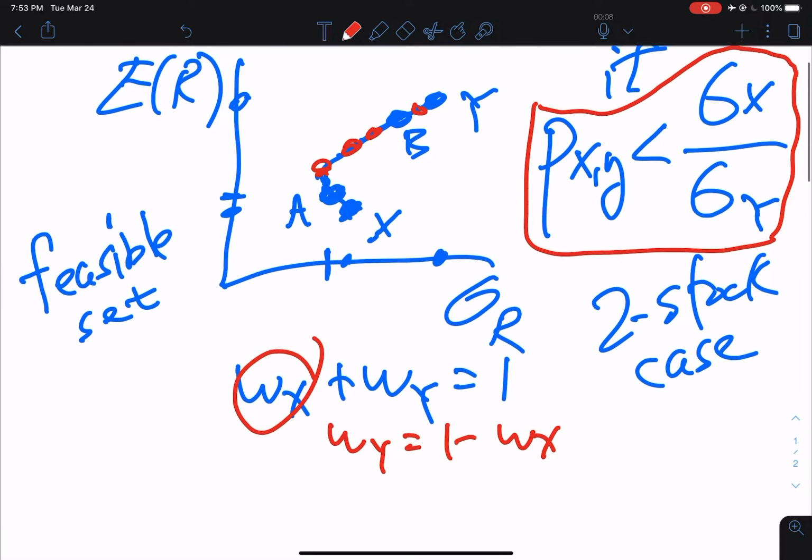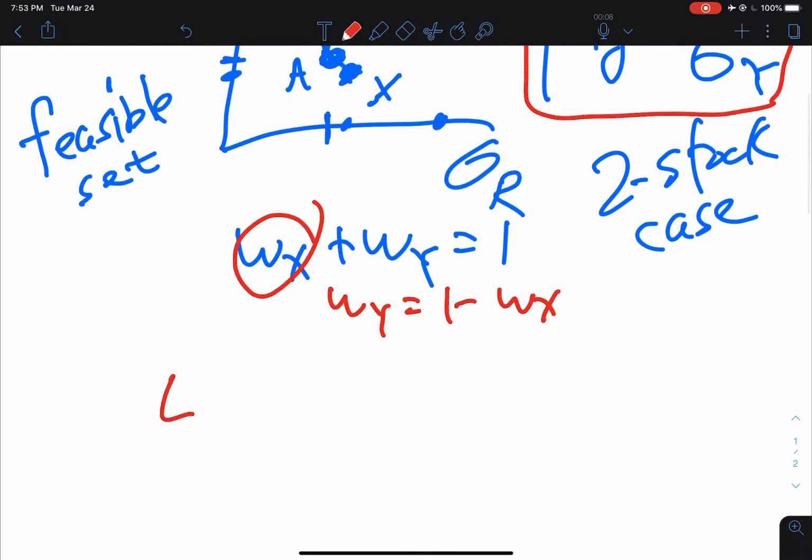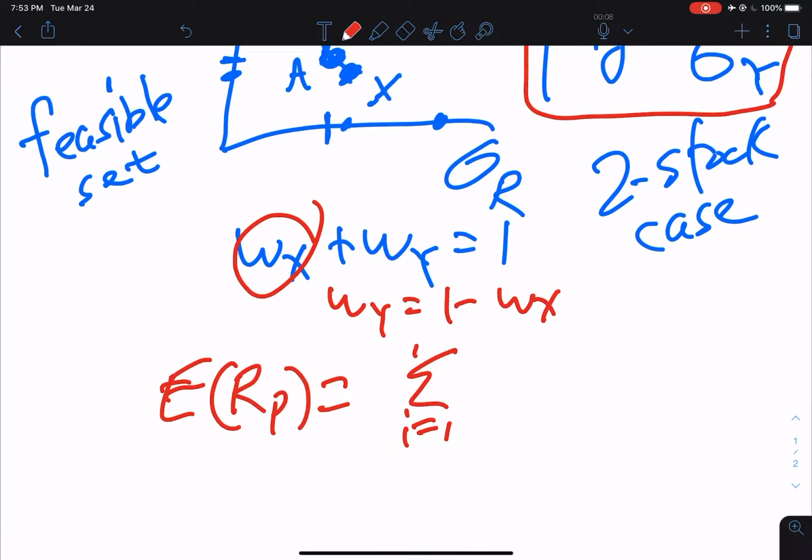Now, if you think about it, the expected return of a portfolio is a simple weighted average of the returns of the stocks that constitute the portfolio. So here we have this summation, for i equals 1 to n, weight of i multiplied by the expected return of stock i.